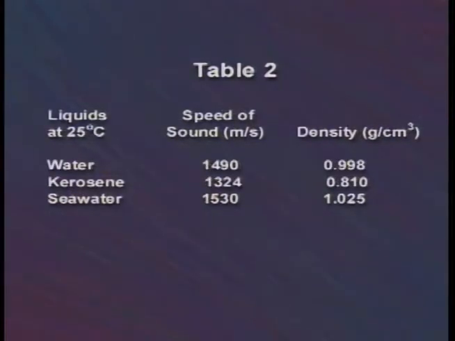Looking at Table 2, it seems that the highest speed of sound, 1530 for seawater, corresponds to the highest density, 1.025. Furthermore, the lowest speed of sound, 1324 for kerosene, corresponds to the lowest density, 0.810. It does not seem that this hypothesis applies to liquids, given the information provided. So the only Roman numeral that works is 1. The correct answer is F.